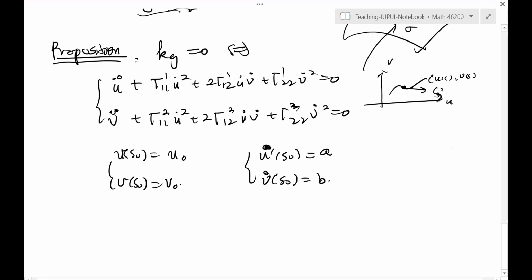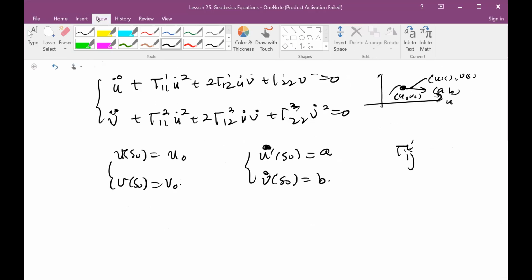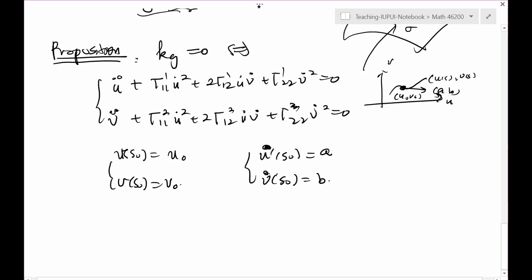For any direction a and b at that particular point, there's a unique solution. Now gamma ijk, I did not mention what gamma ijk is. Actually, these are functions of u(s), v(s), local functions on uv. So that's why they're not constant. They depend on u and v.